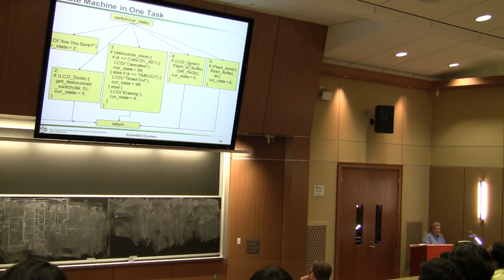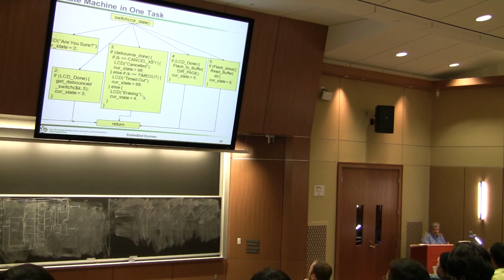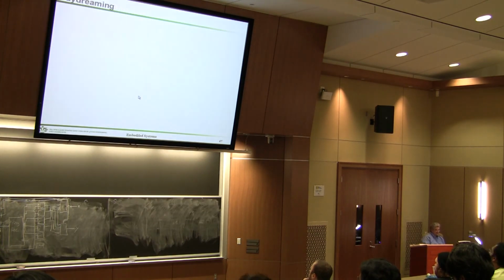And if it's over here, current state 4, this is erasing, then you can start doing this work. Otherwise, you can just send some, look at this. You're sending it to the LCD, you're doing the function, right? Setting the current state to 4 when it's all done, returning up here. But this function right here could actually be a task that executes.